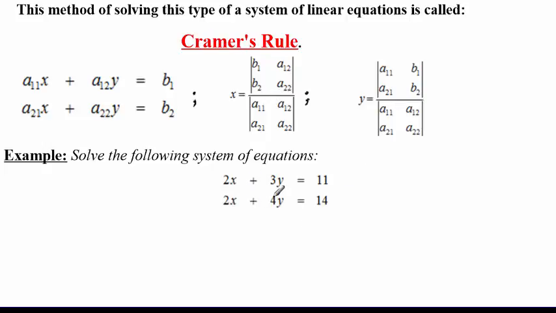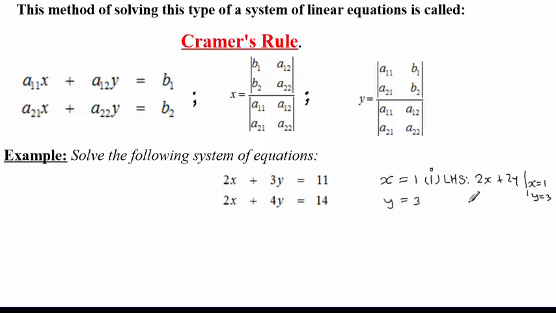Now here is a system which we have looked at before and solved. And if I recall properly, x here is equal to 1 and y is equal to 3. We can test that. Let's say we pick the first equation, the left hand side. The left hand side is 2x plus 3y, given that x is equal to 1 and y is equal to 3.